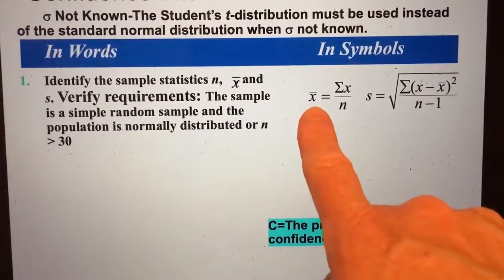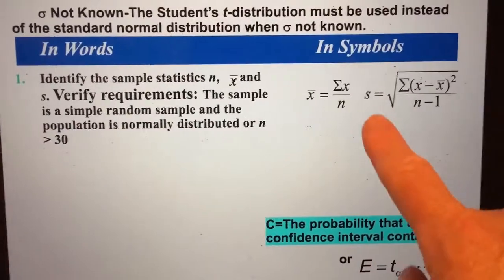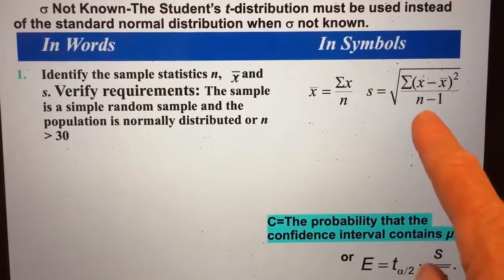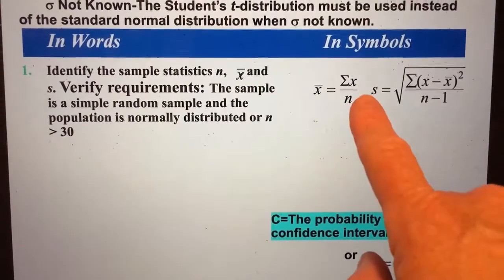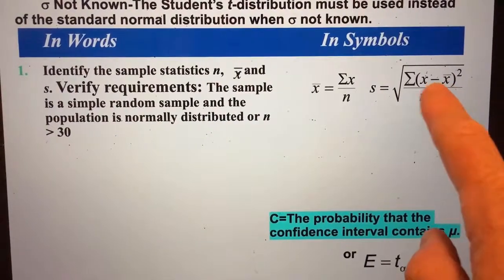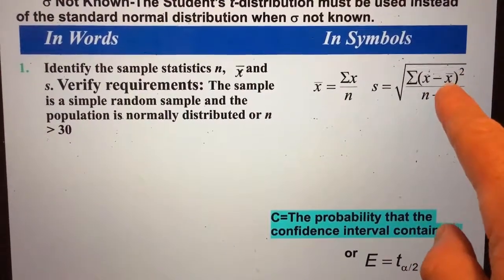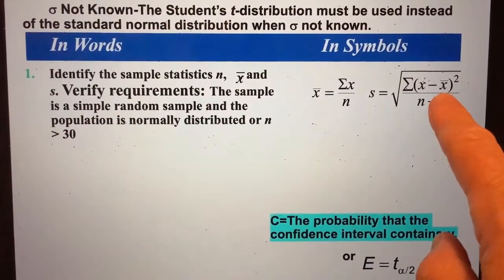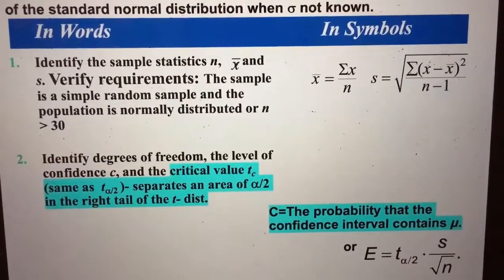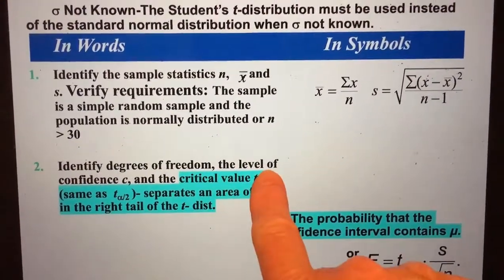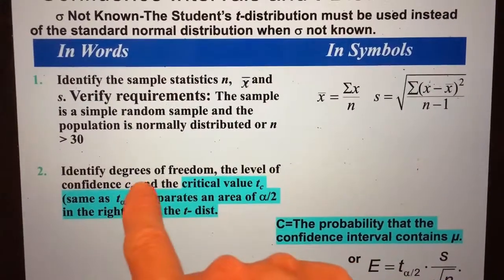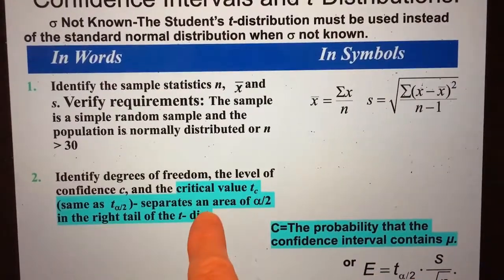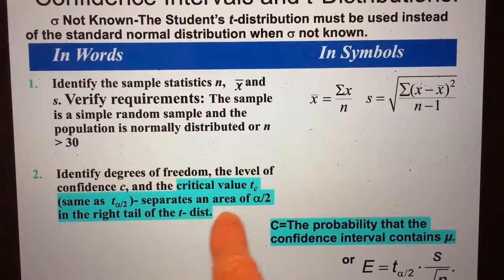There's my x bar, which we've already found once, and then there's my sample standard deviation and the formula for that. Remember, the true standard deviation has, instead of the x bar, it has the mu there, and we don't have the information to get the true standard deviation right now. Okay, so then we have to identify the degrees of freedom. The T-distribution uses degrees of freedom, the level of confidence and the critical value, to be able to look up the critical value in the chart.